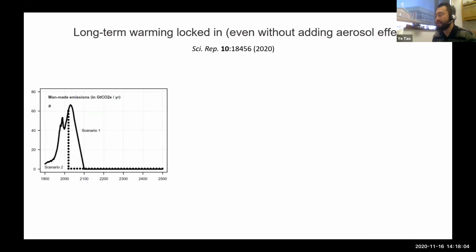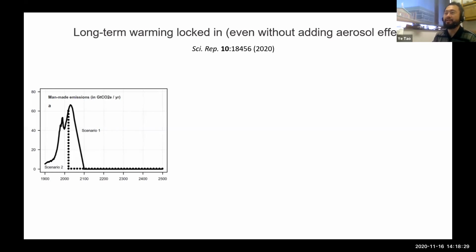Very recently, just a few days ago, I think maybe at most a month, people used a simple climate model to ask the question of what happens if we stopped CO2 emission immediately. In this particular model, they didn't even include this aerosol effect we just talked about. So that's just assuming mechanisms that are being publicly discussed.